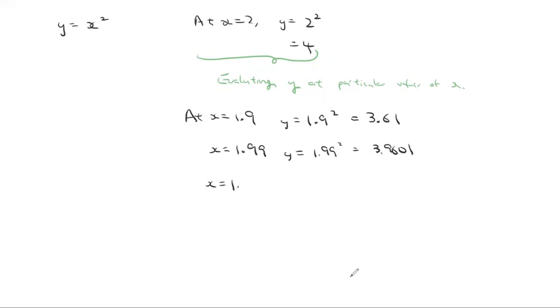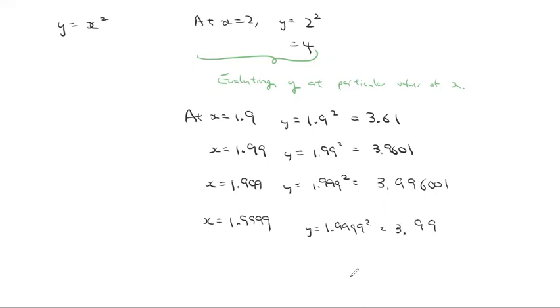And what if x equals 1.999? Then y will be 1.999 all squared. All of this is quite simple. You just type in the calculator and you do that. And we can keep going, and so on, right?